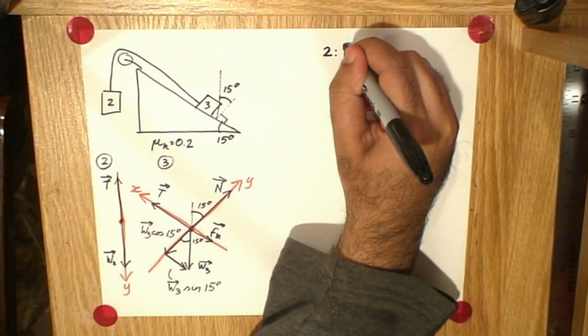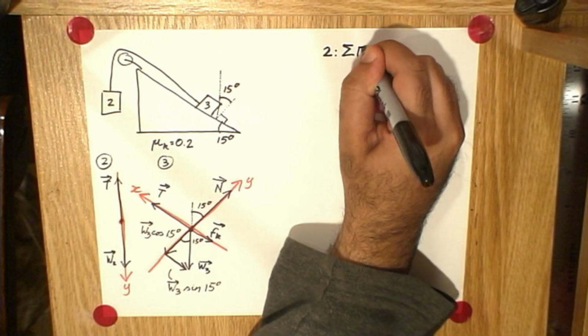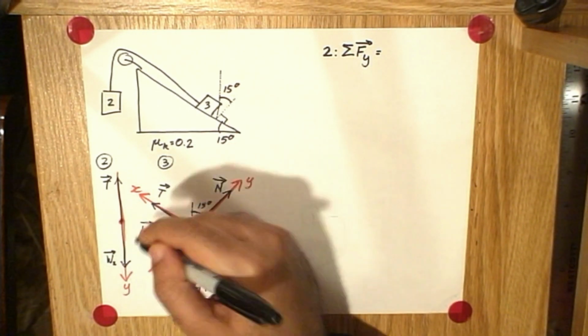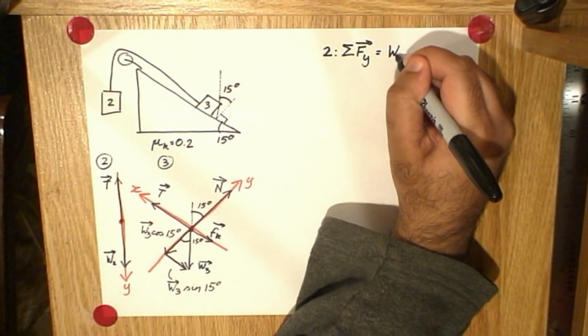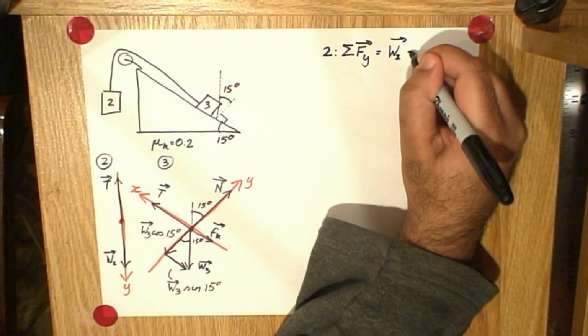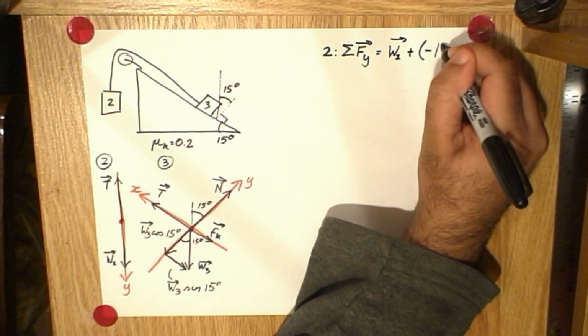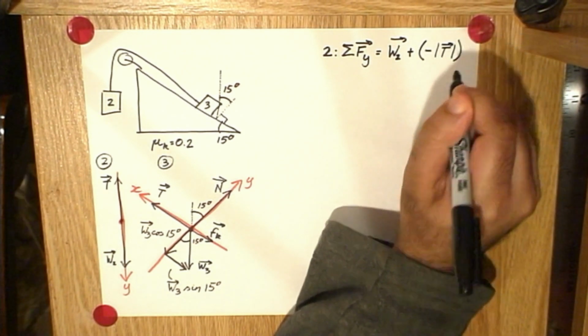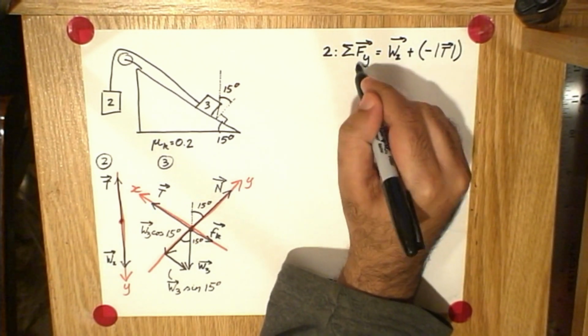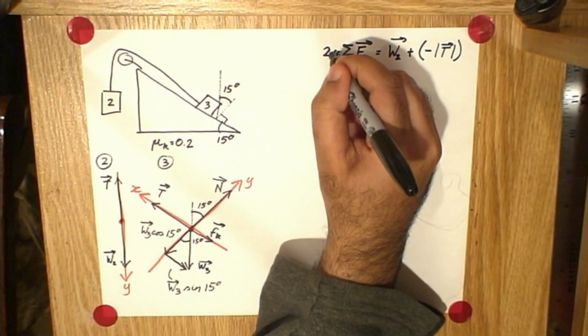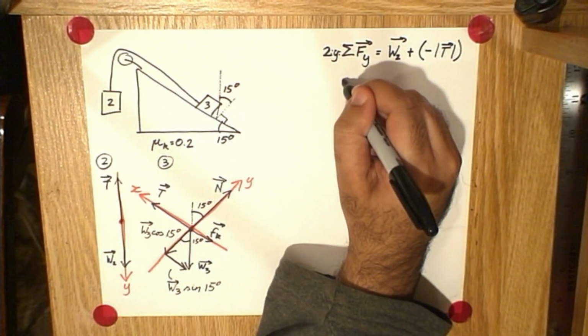So for the 2 kilogram object, the total force in the y direction is going to be the weight 2, which is in the positive direction, plus the negative of the tension, which is pointed in the negative direction. I don't really need to write total force in y. I'll just say that for 2 we're interested in the y direction.